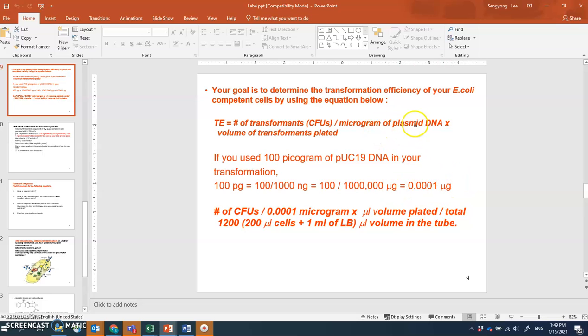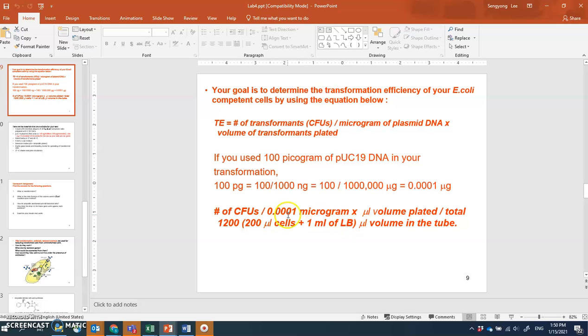Okay, so that's that factor there, 0.0001 microgram, times how much of the transformants you plated, whichever that volume is. Let's say you plated about maybe 1200 microliters of transformants, because there was 200 microliter of cells plus 1 ml of LB broth medium plated.